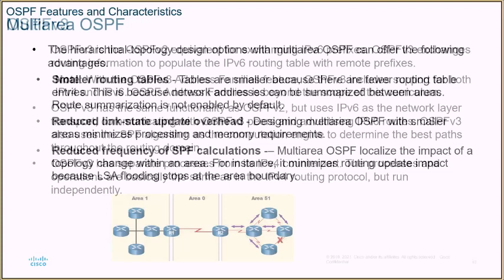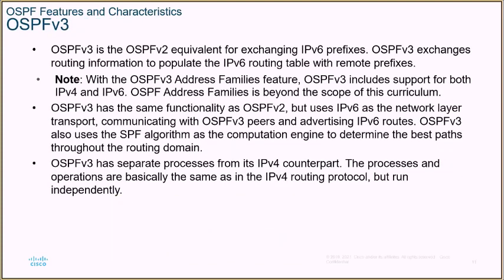Okay, now OSPF version 3 is basically identical to OSPF version 2, except it supports IPv6 addresses. And so OSPF version 3 exchanges routing information to populate the IPv6 routing table with remote prefixes. Note, with the OSPF version 3 address families feature, OSPFv3 includes support for both IPv4 and IPv6.